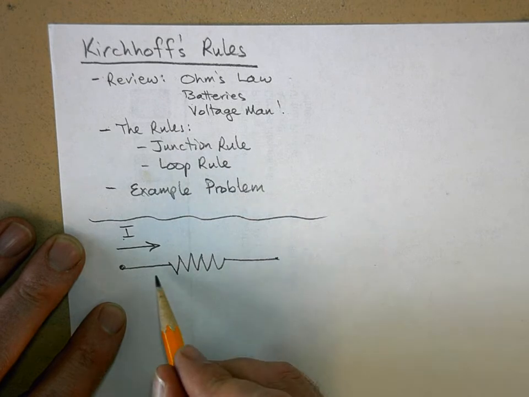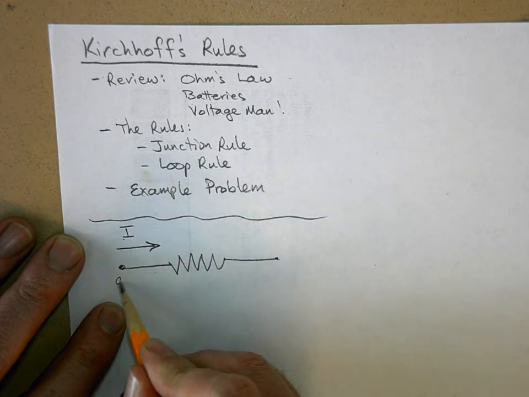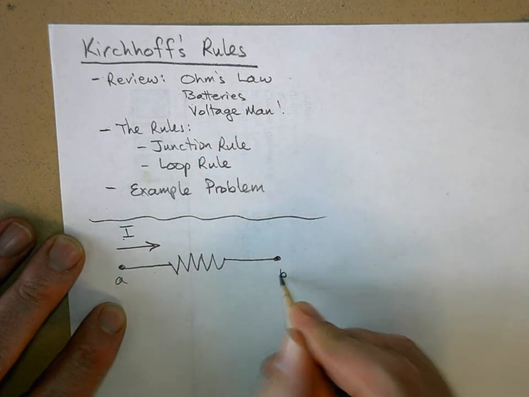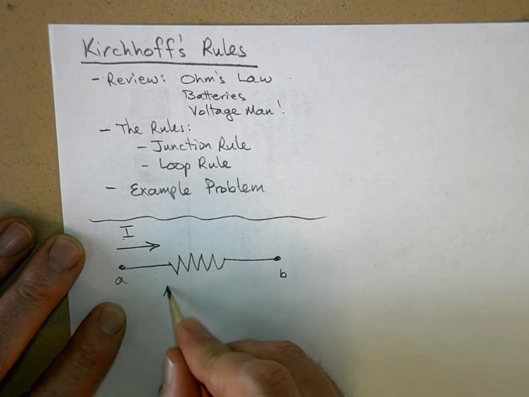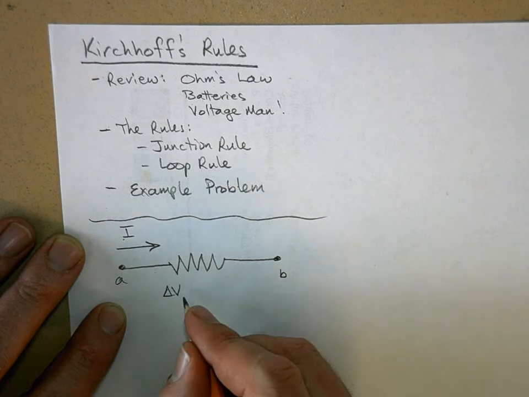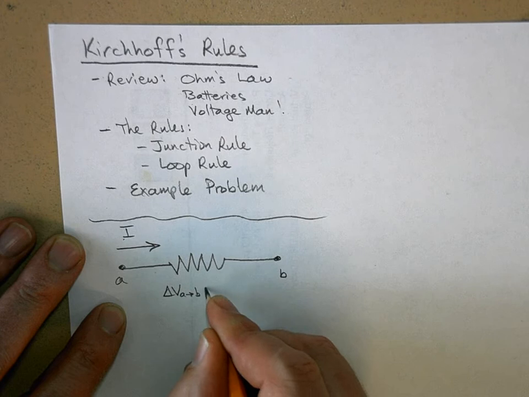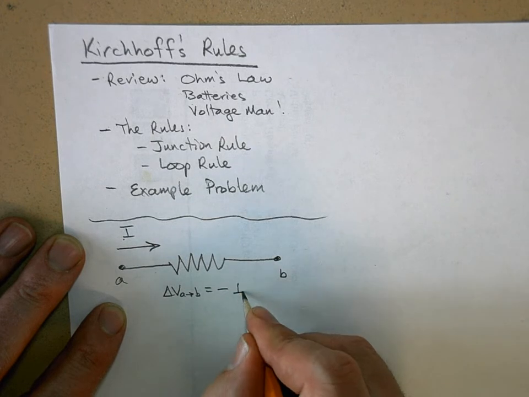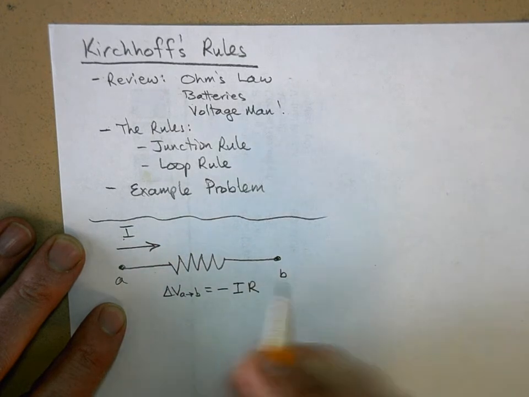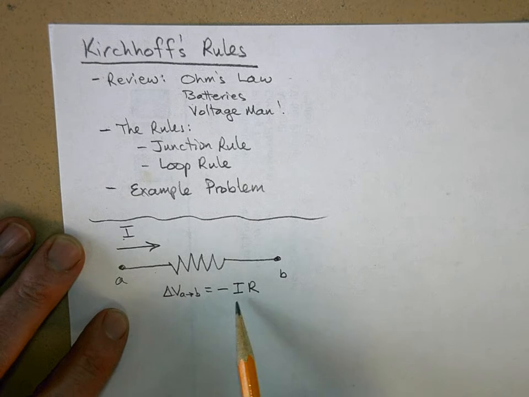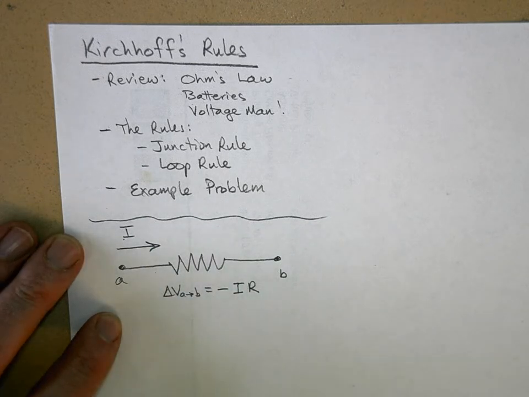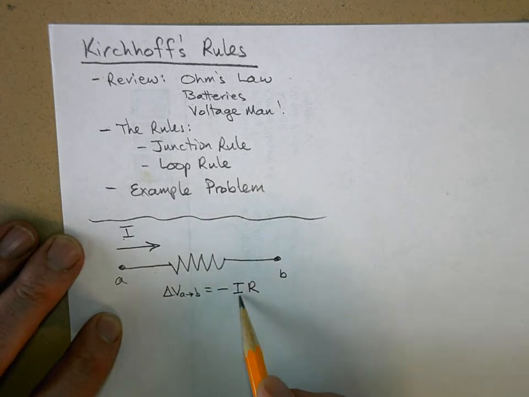Let's call this A, and we'll call this part B. And the voltage there, delta V, from A to B, is going to be negative IR. Right? That's Ohm's Law. It says we're going to get a voltage drop. And so when it drops, I'm going to call it negative IR.